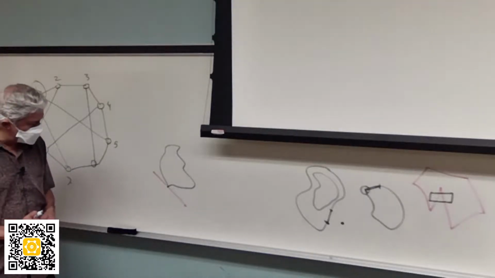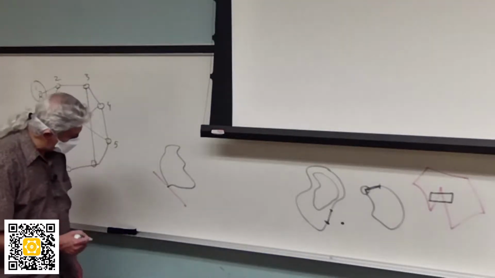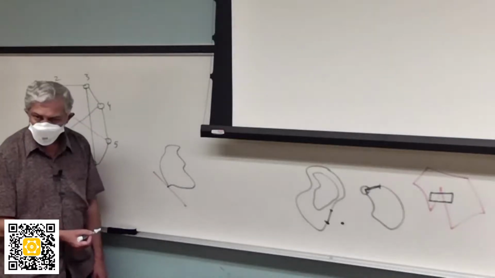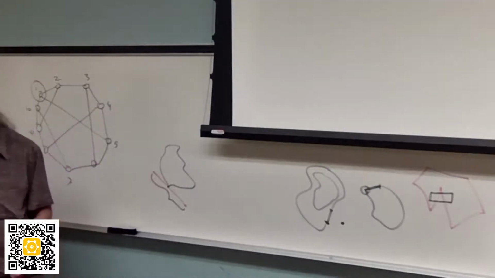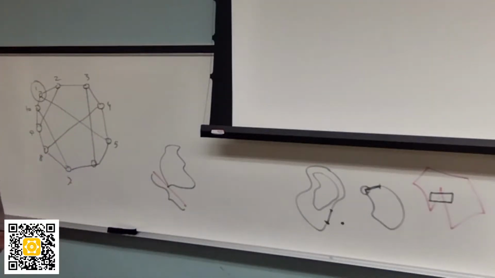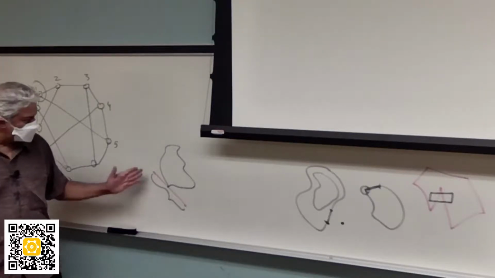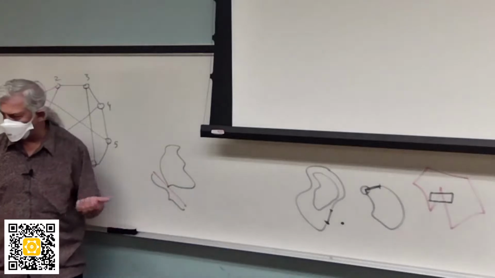Now, of course, I cannot rely on this because I don't know where it is on that edge. So the question is, how do I check every possible location?